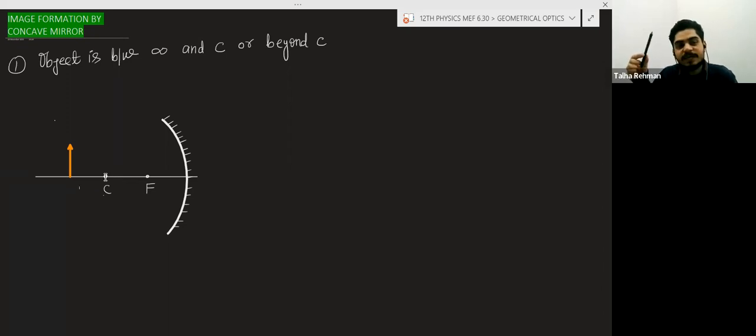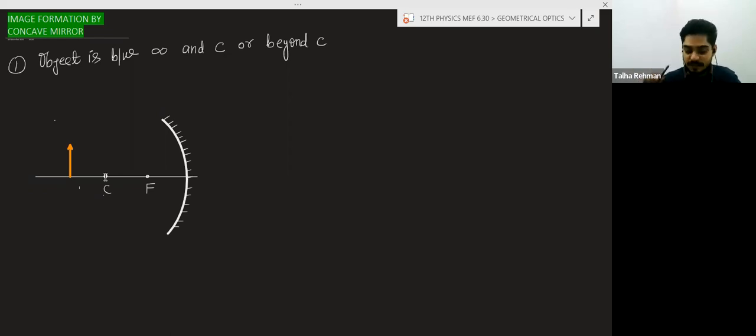See how this pen can give the light. Light is coming from this bulb, this bulb, this bulb. Three bulbs are there. So light is striking this pen, and after striking, this pen is reflecting the light. So basically, indirectly, this pen is giving out the light.